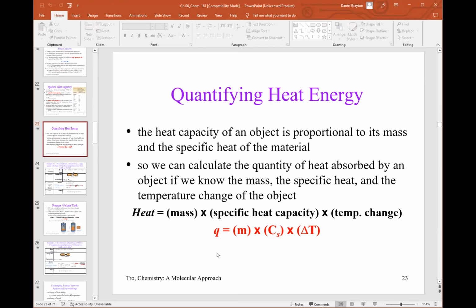And some people are physics or engineering where they're going to care more about physics and engineering types of units. So for us, we're going to stick with joules. Heat is going to be joules still. Yeah, heat is joules.